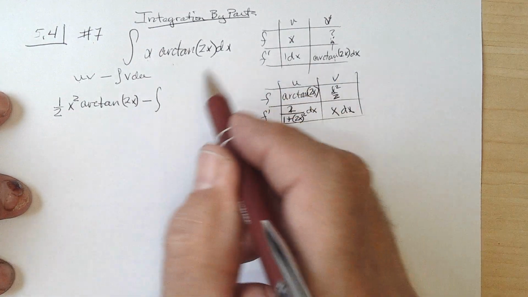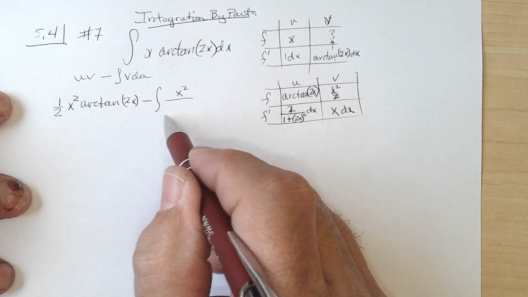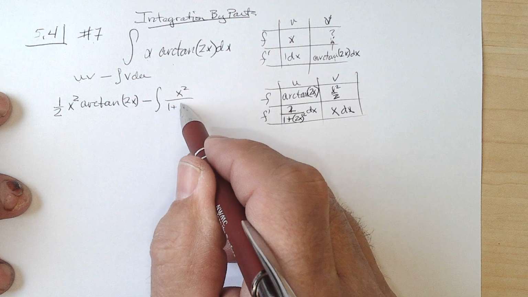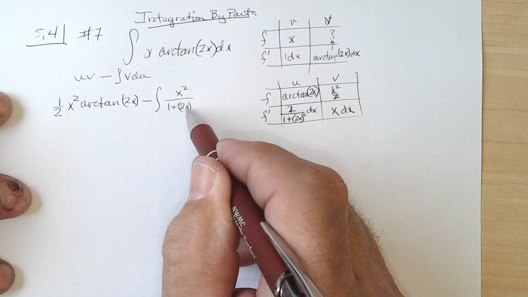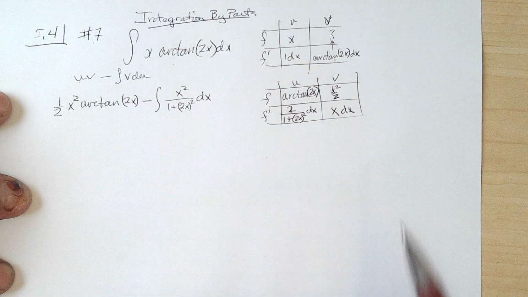The 2's cancel and I get x squared over 1 plus 2x quantity squared dx.